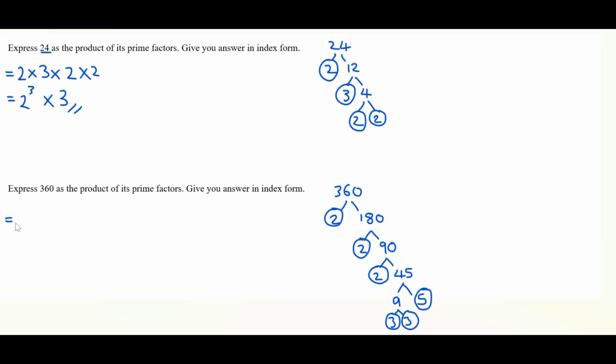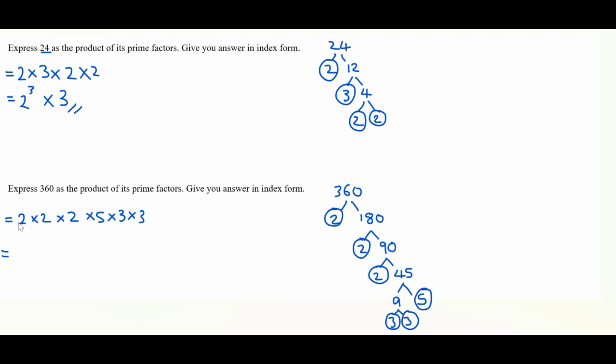Now we need to write down all of the circled numbers again. And just like the previous question, we need to express this in index form. So we need to see which numbers appear more than once.